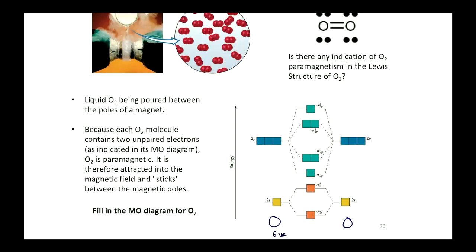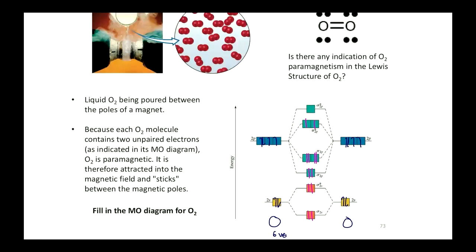So we have a total of 12 valence electrons to place in our MO diagram. 1, 2, 3, 4, 5, 6, 7, 8, 9, 10, 11, 12. Good, those are all 12 valence electrons for oxygen.